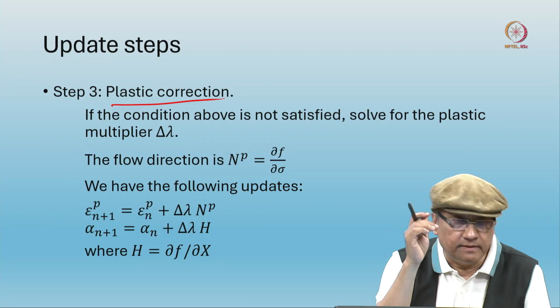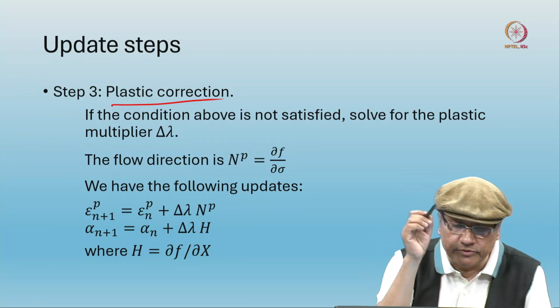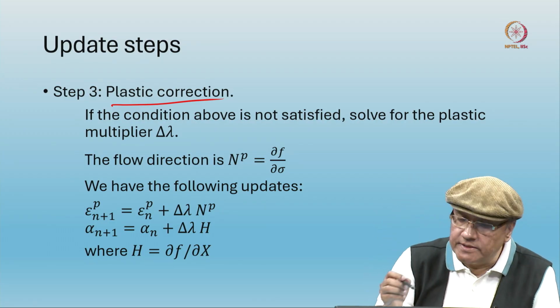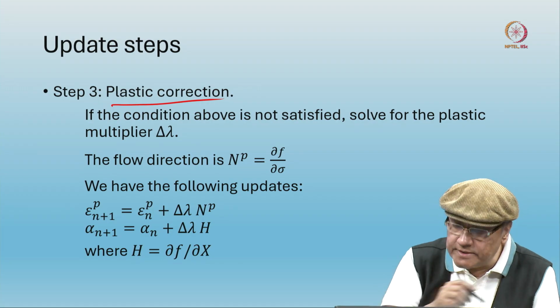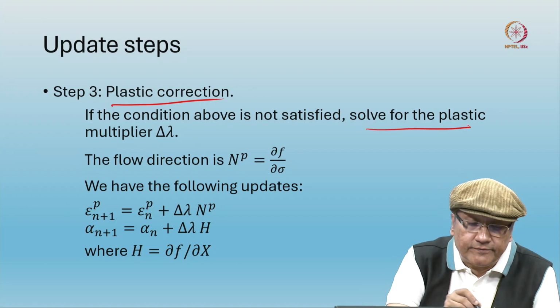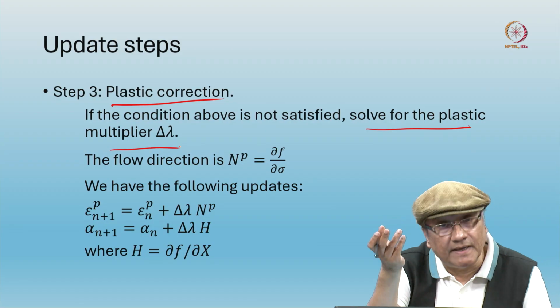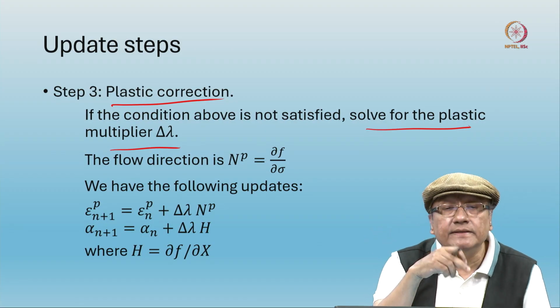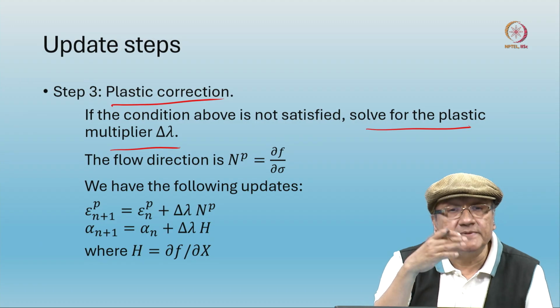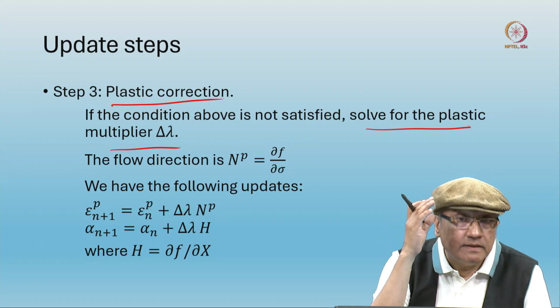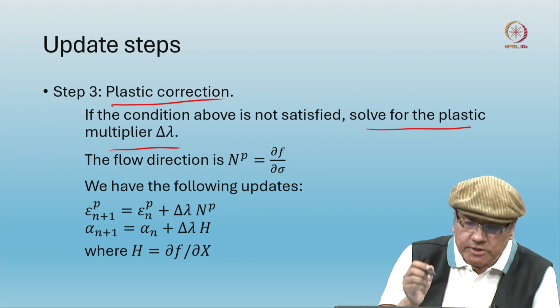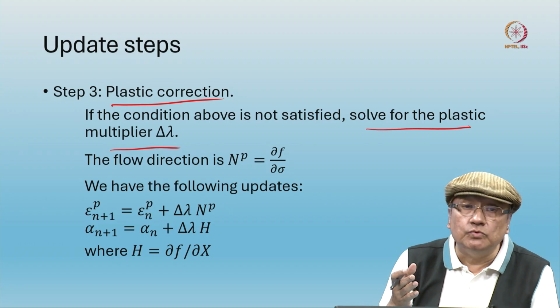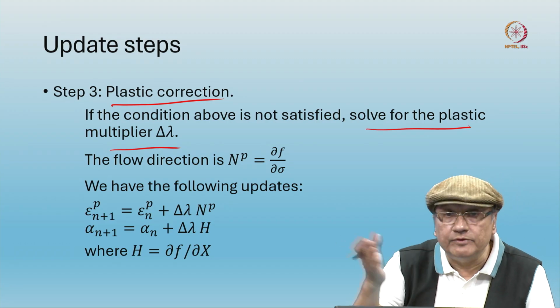If f trial turns out to be greater than or equal to 0, that is, the last condition is not satisfied, then we have to solve for the plastic multiplier, the increment of lambda, which contains the increment of both epsilon p and alpha. Okay. Because the normality rule is typically valid everywhere, right.